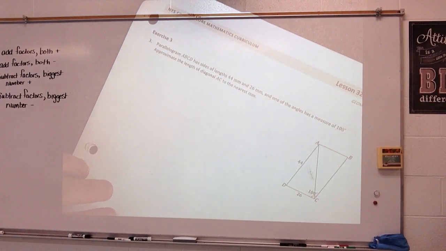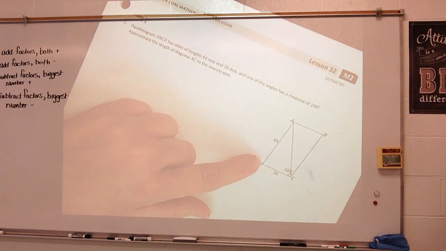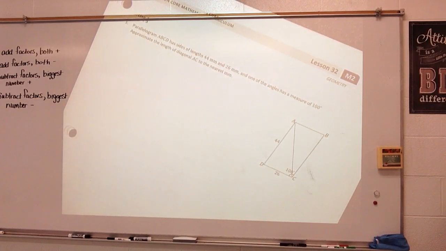Okay, so in parallelogram ABCD, the measure of angle D is equal to 100.